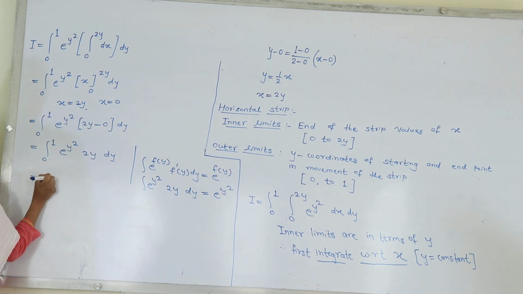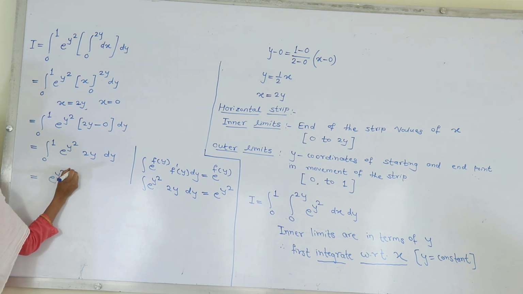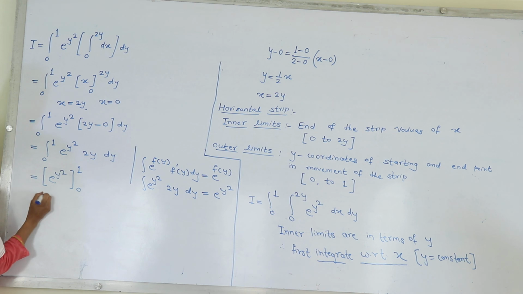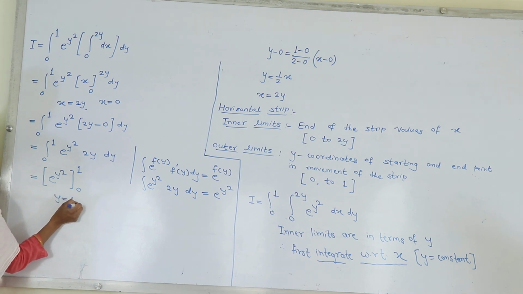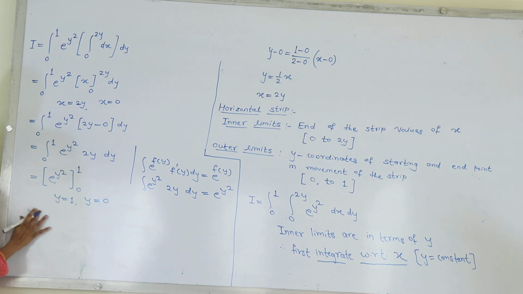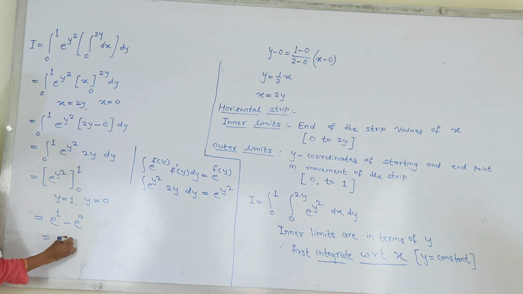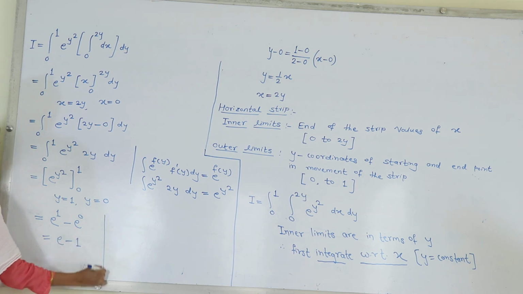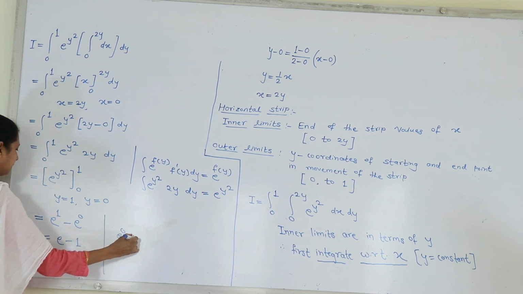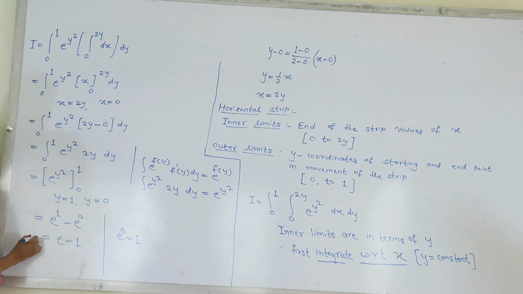Therefore e raised to y square, limit 0 to 1. Then upper limit is y is equal to 1, lower limit is 0. Therefore e raised to y is 1, 1 square is 1, minus e raised to y is 0, e raised to 0, that is e minus 1. E raised to 0 is 1. This is the integration.